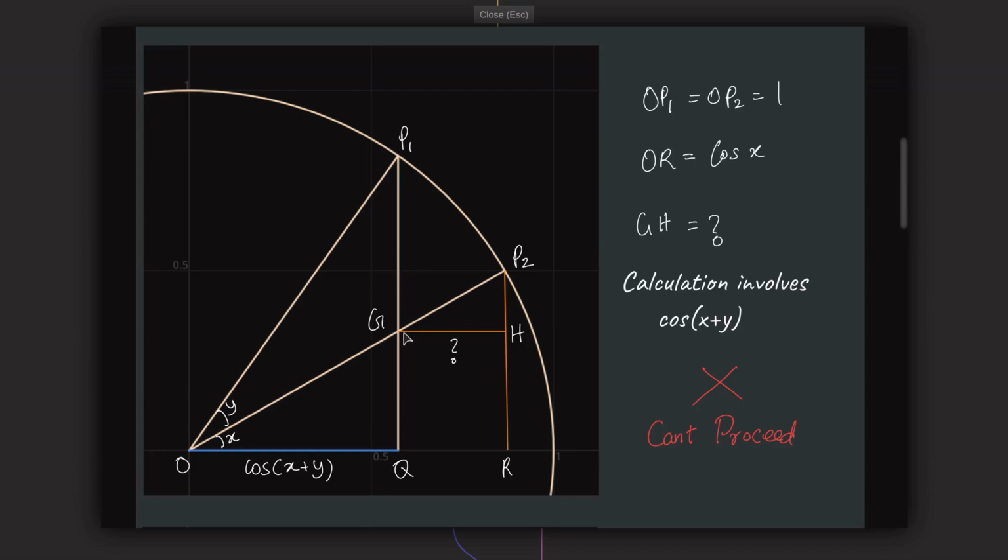Now all we have to do is to find this distance. The issue is that if we take this approach, it has coordinates in terms of cos(x plus y), and we will not get rid of that easily. So we cannot proceed this way. We have to find another option.